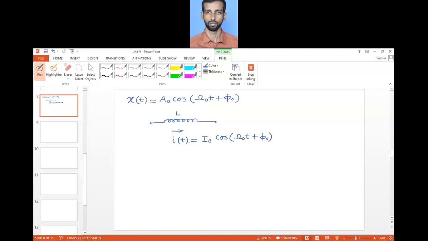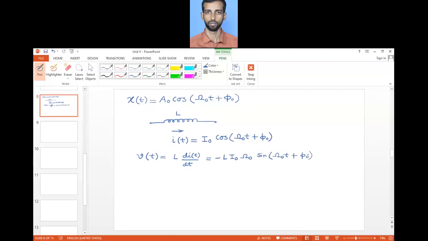We know the relationship between the voltage developed and the current: V of t is equal to L di/dt. If you differentiate this, you'll get minus L I naught omega naught sine of omega naught t plus phi naught.